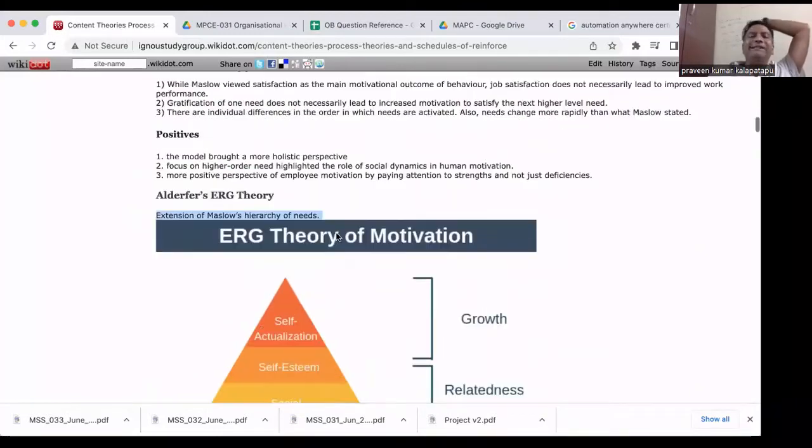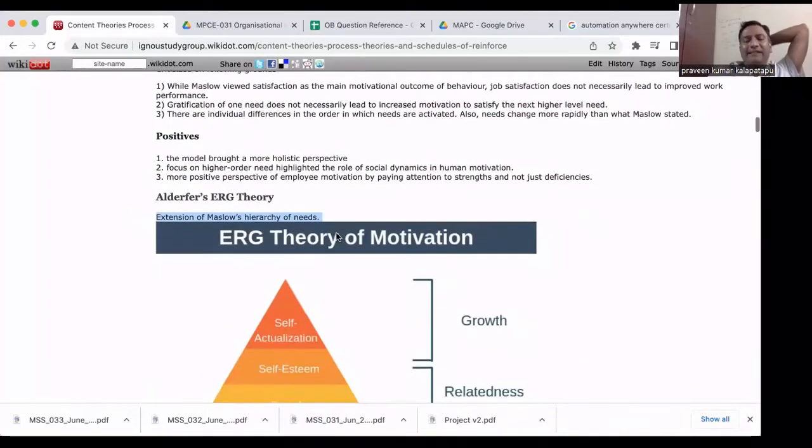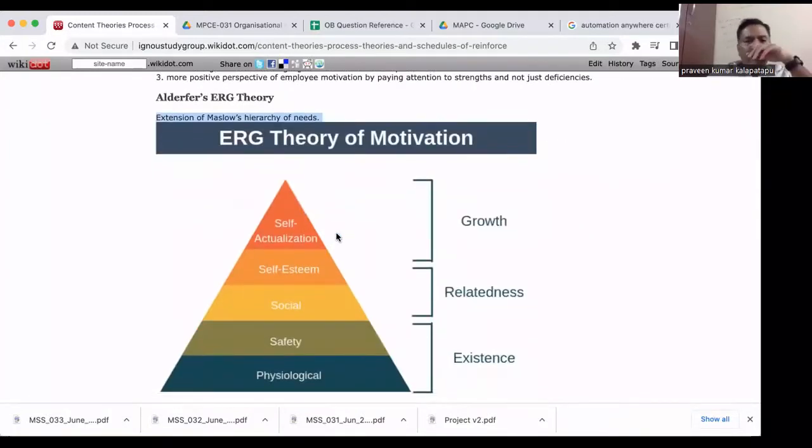This is nothing but an extension on top of Maslow's theory. There are five things as far as Maslow is concerned. In the ERG theory, we have only three. That is the name here, right? One is existence, second is relatedness, the third is growth.